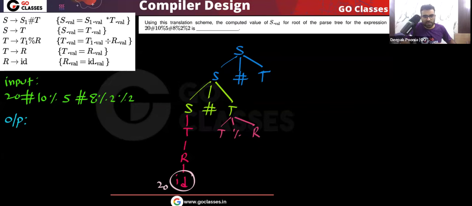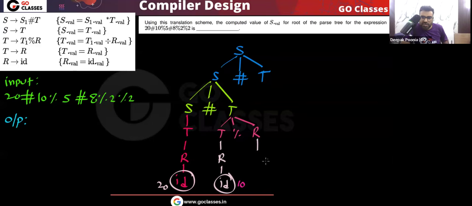Next, you can see we got this percentage between these two hash. Between two hash, we only need one percentage, so one percentage we got. So now this T will go to R and this R will go to id, and what is the lexical value for this id? That will be 10. Very simple.